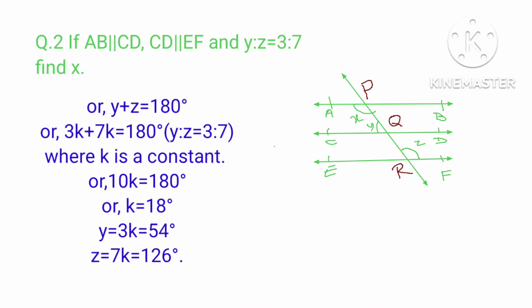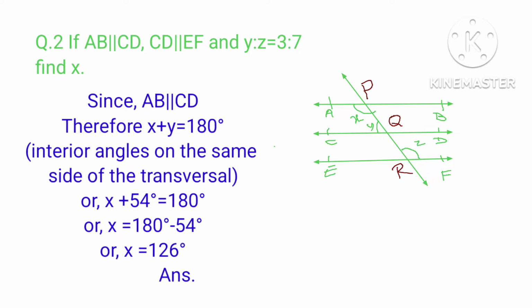Or y plus z is equal to 180 degree, or 3k plus 7k is equal to 180 degree, or 10k is equal to 180 degree, or k is equal to 18 degree, or y is equal to 3k is equal to 54 degree, z is equal to 7k is equal to 126 degree.